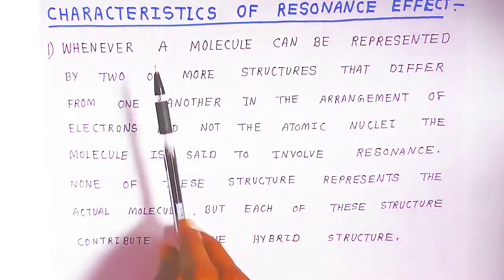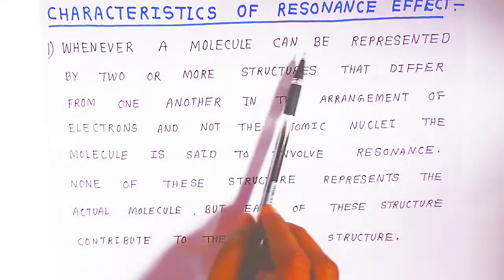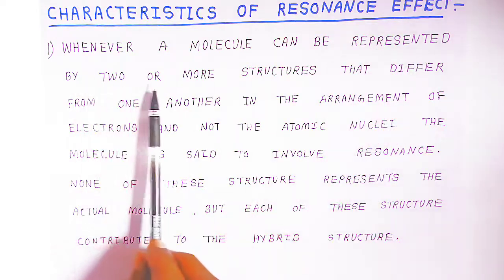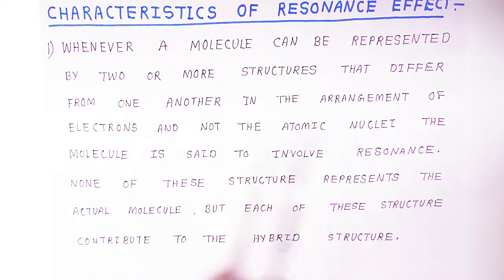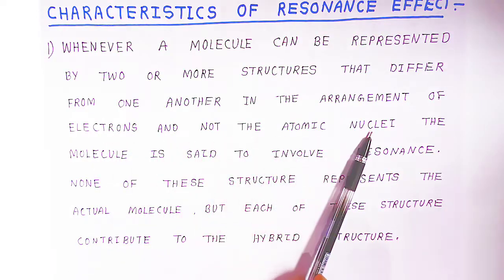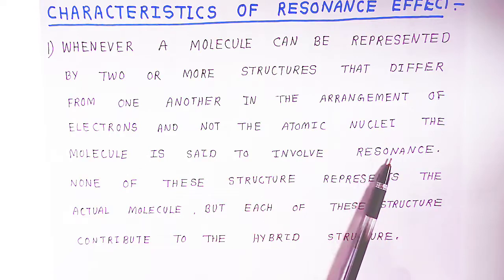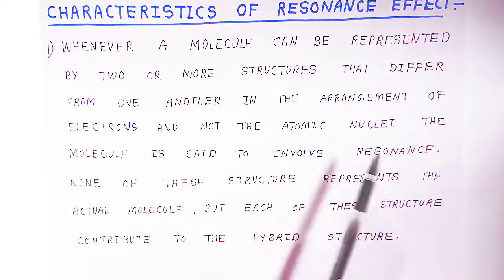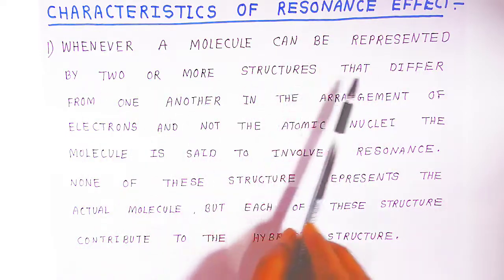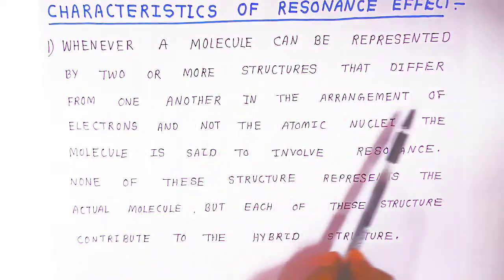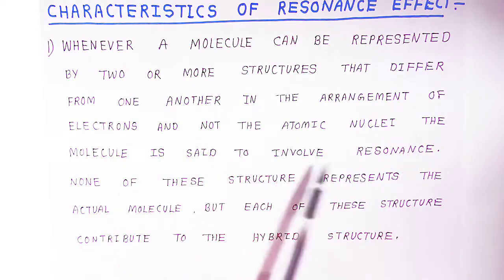Now we are going to see the characteristics of the resonance effect. What are the characteristics, students? Whenever a molecule can be represented by two or more structures that differ from one another in the arrangement of the electrons and not the atomic nuclei, the molecule is said to involve resonance.